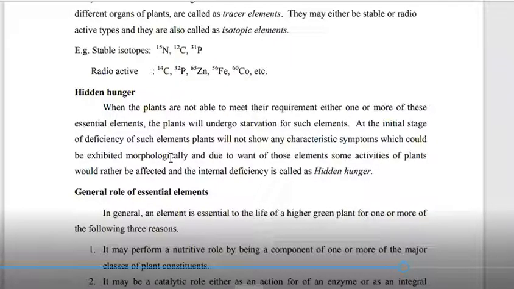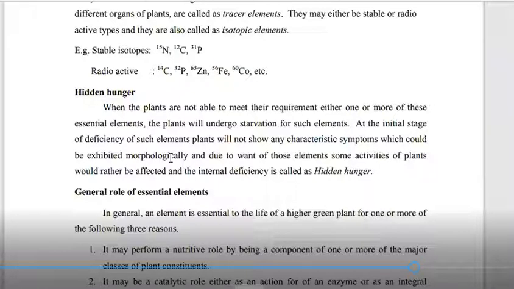And for some elements, plants will not show any characteristic symptoms which could be exhibited morphologically, and due to want of those elements some activities of the plant are rather affected. This internal deficiency is called hidden hunger. Sometimes these elements are under a period of starvation, so they do not produce any symptoms externally.